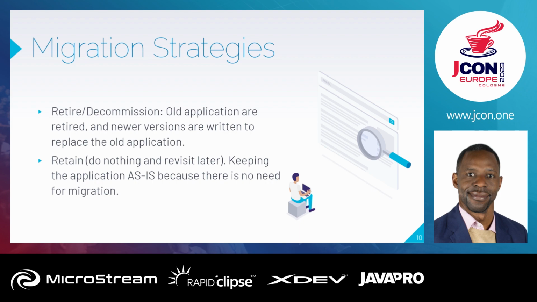So your application is still valid, it still does what the business requires, but you'll revisit it over time, maybe to be cost effective. That mostly talks to your IT managers, and when they look at the cost implication of migrating.